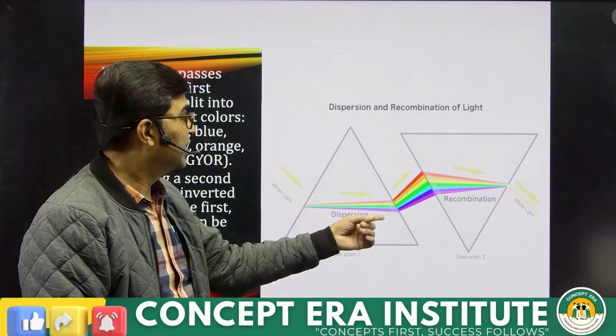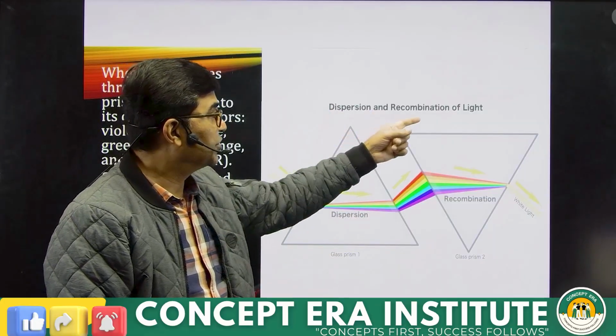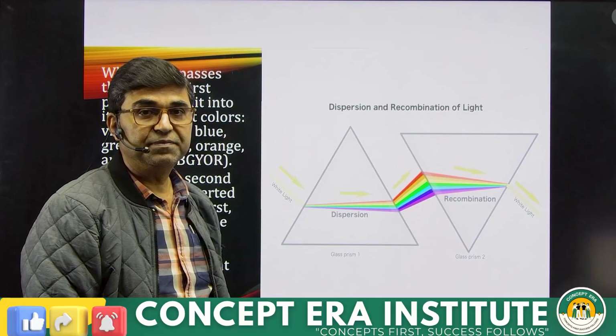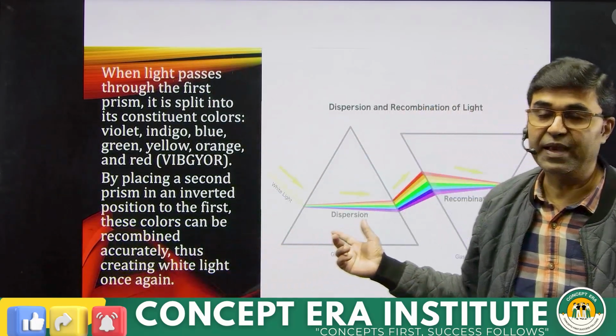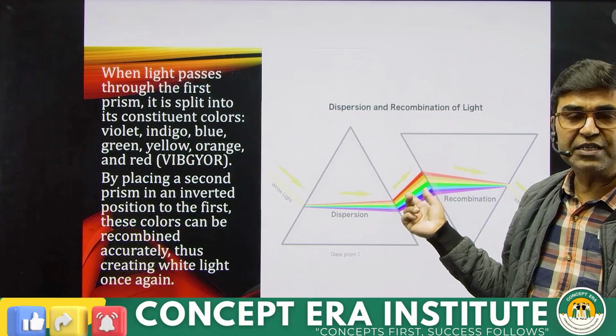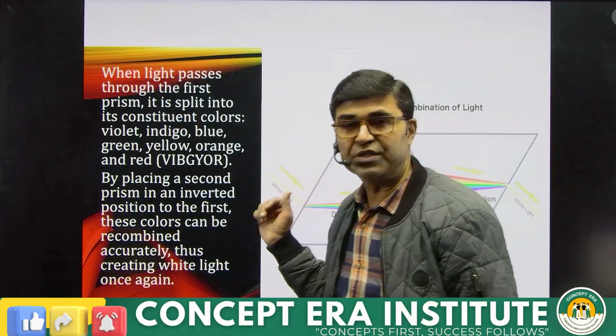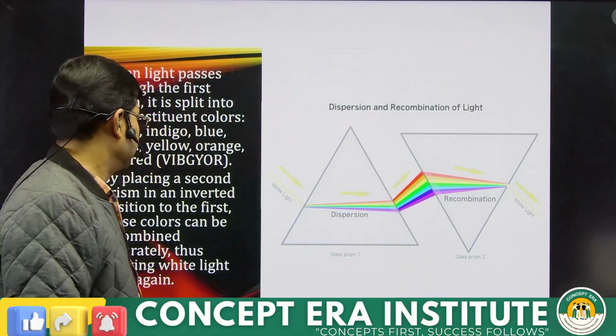This is the dispersion and recombination of light. There's the same diagram in your textbooks, and not infrequently, this question is asked in your board exams.